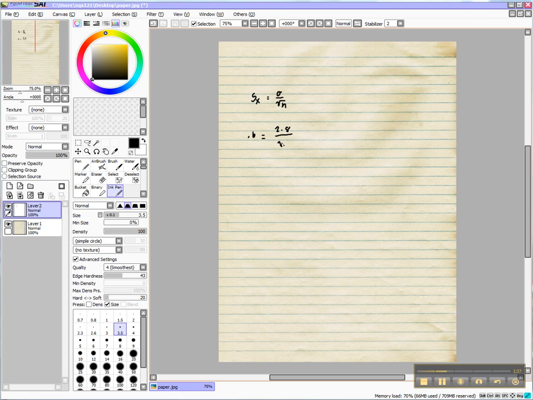So to solve for the square root of n, we're going to have to use algebra here. To solve for the sample size n, you're going to have to isolate n. You isolate n by multiplying both sides of the equation by square root of n. Multiplying both sides by the square root of n will cancel this, because this is in the numerator and that's in the denominator.